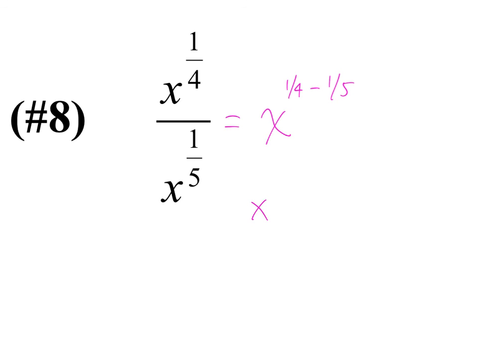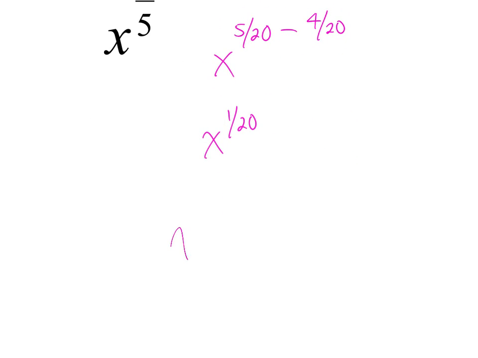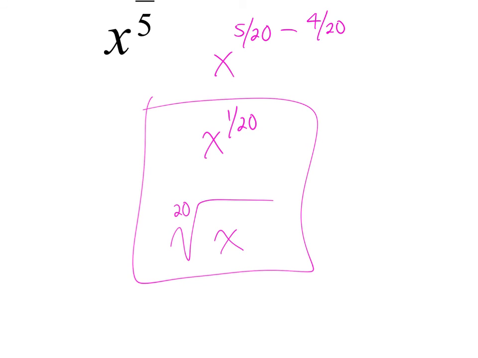So if I multiply to get a common denominator, I'm going to have 5 over 20 minus 4 over 20. And what's 5 minus 4? 5 minus 4 is going to be 1 over 20. So we get x to the 1/20th. Or, this one I can write as a root, the 20th root of x. And these would both be final answers, okay?